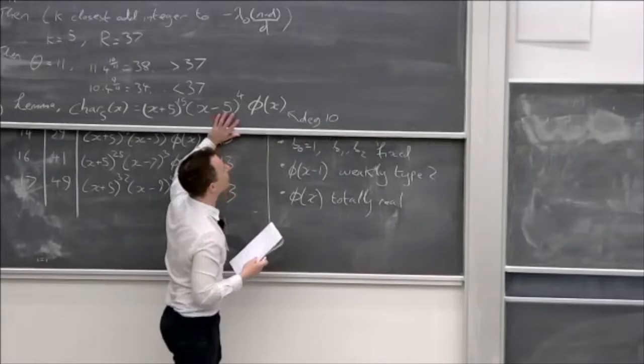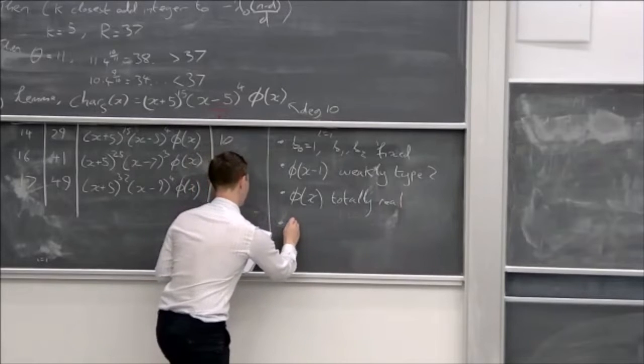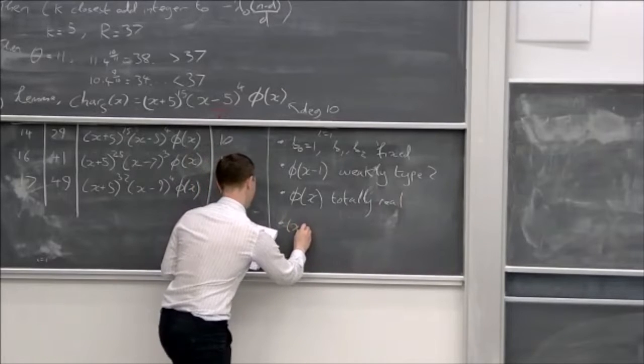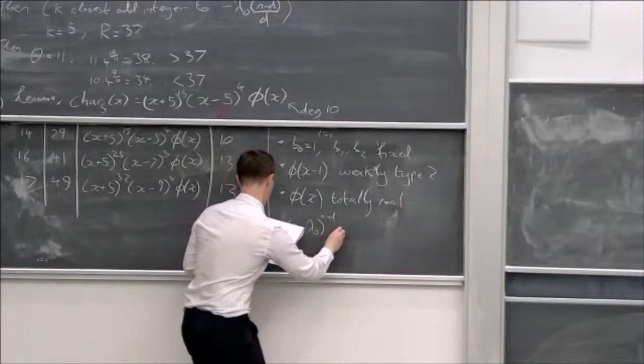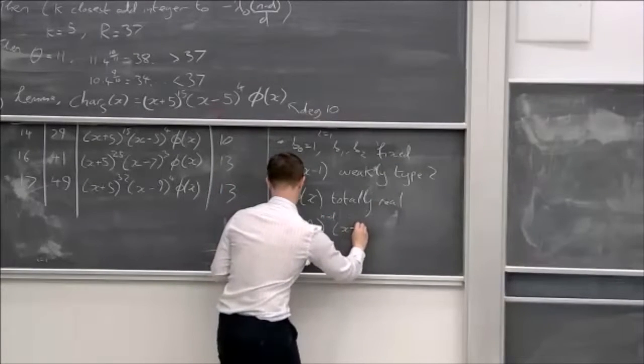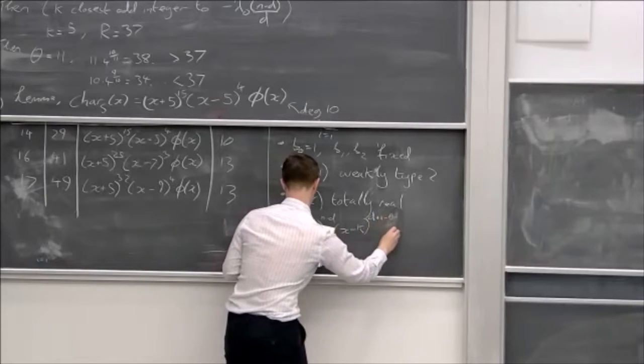It's slightly awkward to state, so I'll state it like this. In each of these cases, n minus d, x to x minus k, d plus 1 minus theta, phi.